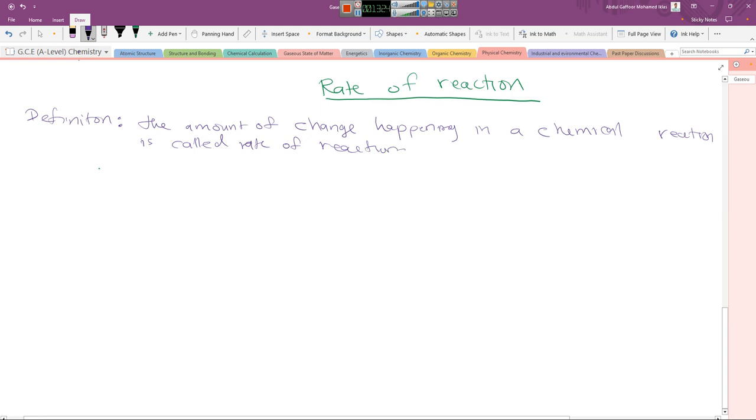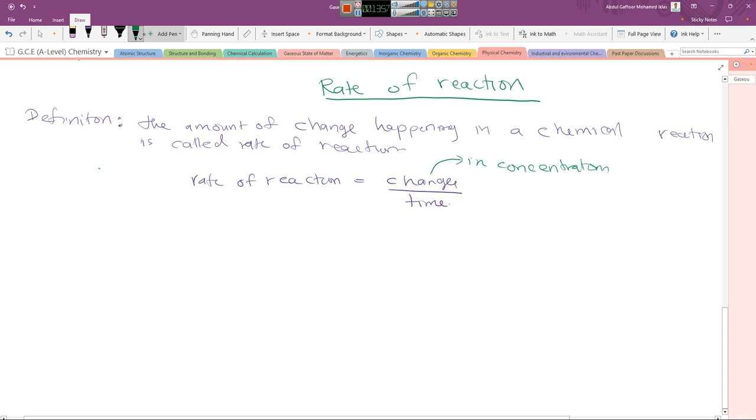So if I transform this sentence into a mathematical expression or equation, I can write: rate of reaction is equal to change over time. So now the change that we consider here is the change in concentration.